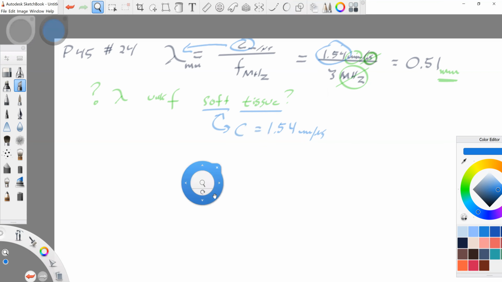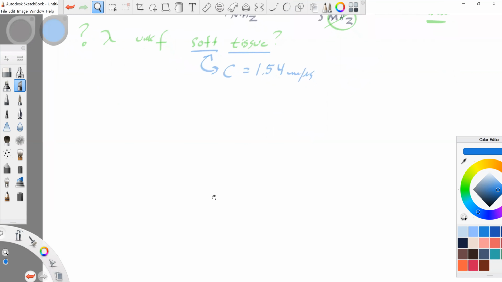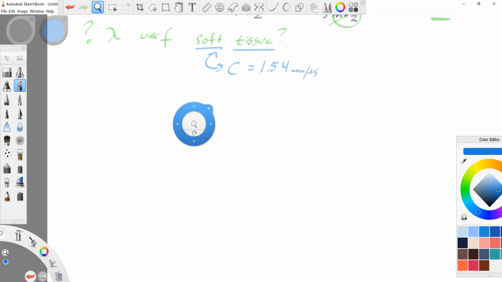All right, let's move on. So that was 24, kind of 25. 26 is the same question all over again, except this time they're actually asking what the number is. Let's do it real quick. What is the wavelength, in millimeters, of 2 megahertz sound in soft tissue?